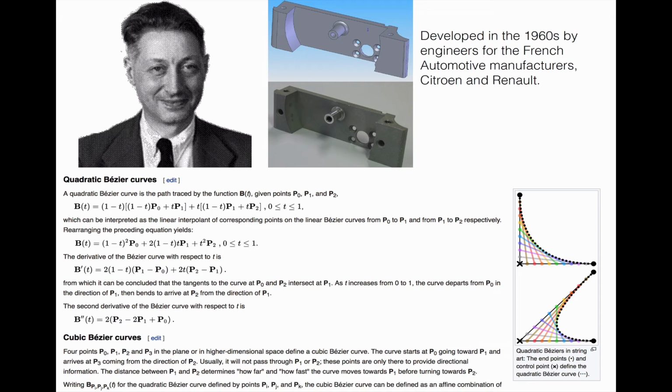He worked for the French manufacturers Citroën and Renault, and he developed vector technology just as an engineering tool. And of course, it was a tremendous tool because it meant that once, say, something like a screw or a part had been described in this vector technology, it could be infinitely copied and edited. And this made a tremendous savings in manufacturing and engineering.